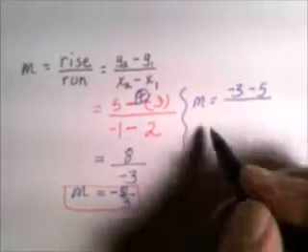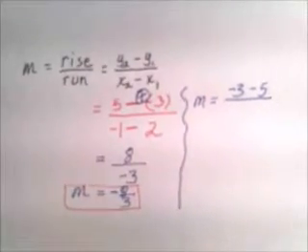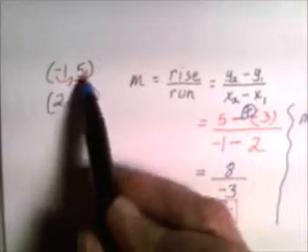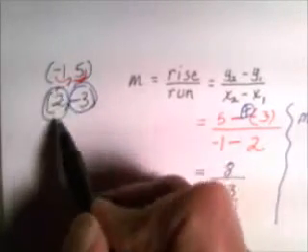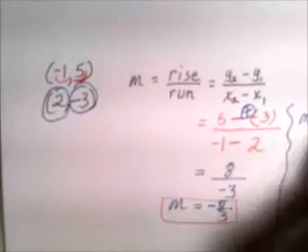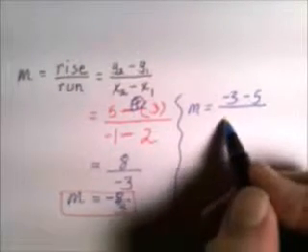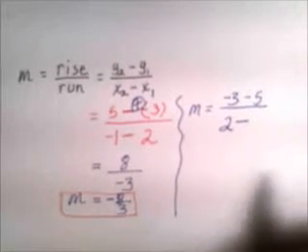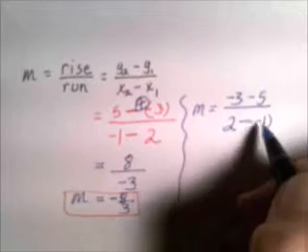Okay, and then we're going to have on the bottom, because we chose the negative 3 over here for our y and subtracted the other y, now we're going to choose from the same pair that x is going to be 2 for our first x over here. So we're going to have 2, and then we have to have our subtraction, the minus, and it's going to be 2 minus that negative 1.